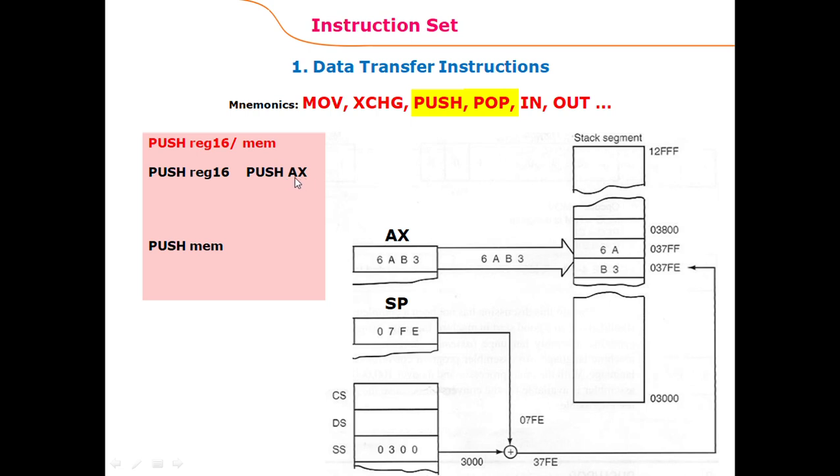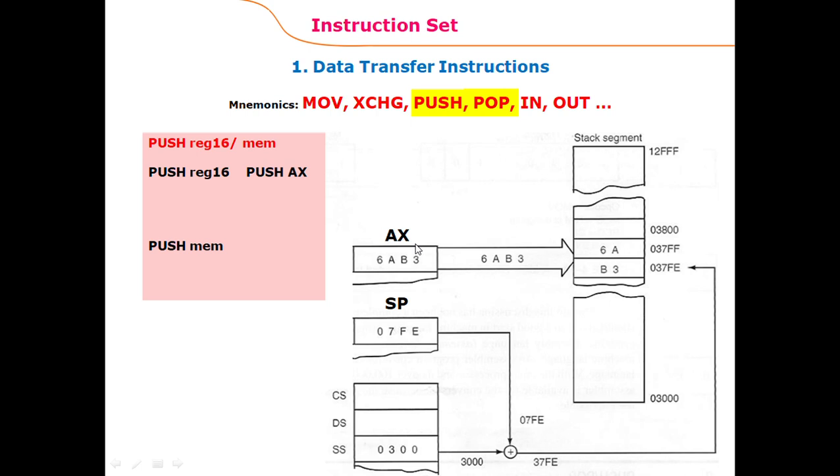Here is an example of this format of push instruction: push AX. AX is a 16-bit register, so the 16-bit value in this AX register is pushed onto the top of stack, and this diagram demonstrates the effect of this instruction. Let's assume this is the stack pointer register that holds a 16-bit offset address.